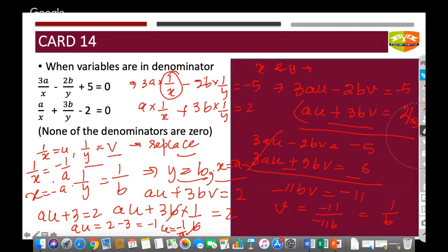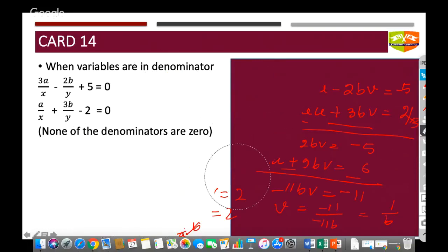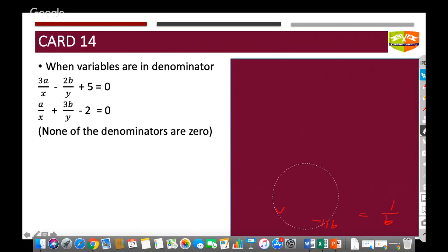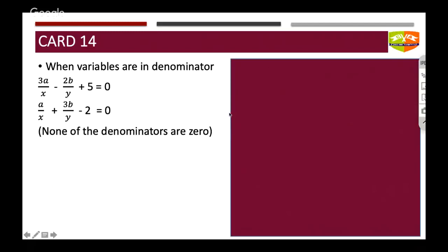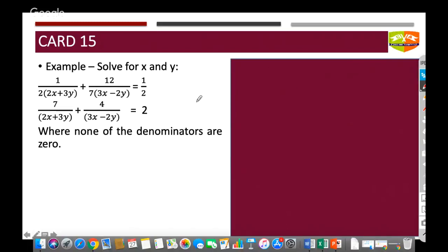I've taken one more question like this, which is a difficult question from this particular topic. And this is my question, which I have selected. So here, instead of x and y, both the variables are coming in the denominator at both the places.